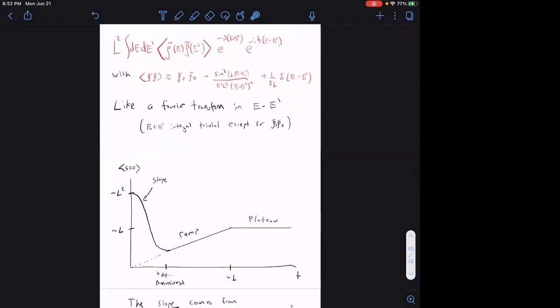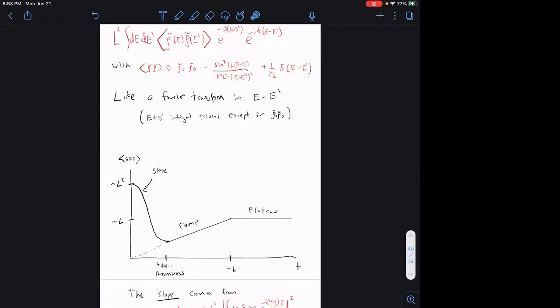And like I said, it's like a Fourier transform in E minus E prime. The integral over the average energy, E plus E prime, is non-trivial for this piece, but these two terms don't really depend on the average energy. There are corrections, since this is only accurate for average energies near the center of the semicircle. If you move away from the center, there's dependence on the energy sum, but it's weak, and we don't really care about it.